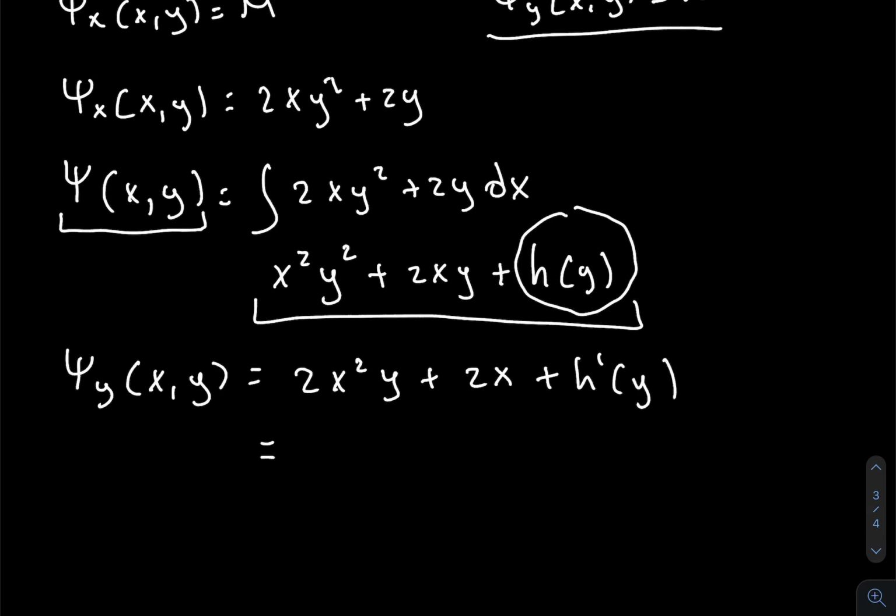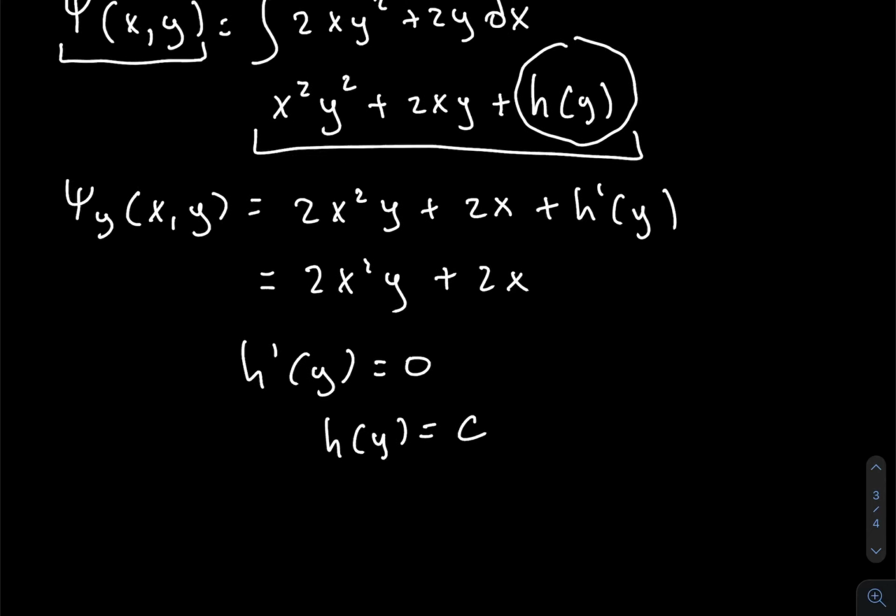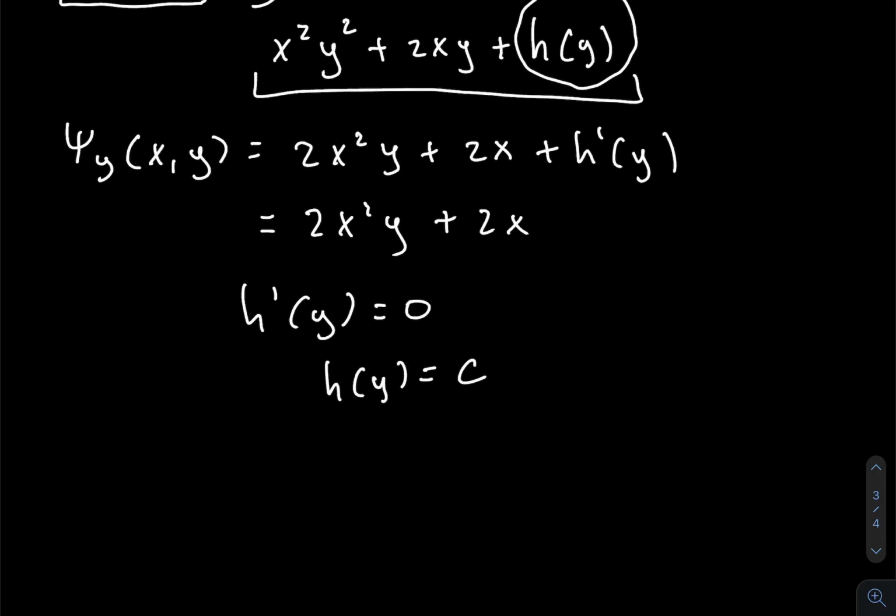So n is 2x squared y plus 2x. Okay, so from there we can say that h prime of y is just equal to 0. So then if we integrate this, we know that h of y is just equal to a constant. So then we have our solution.